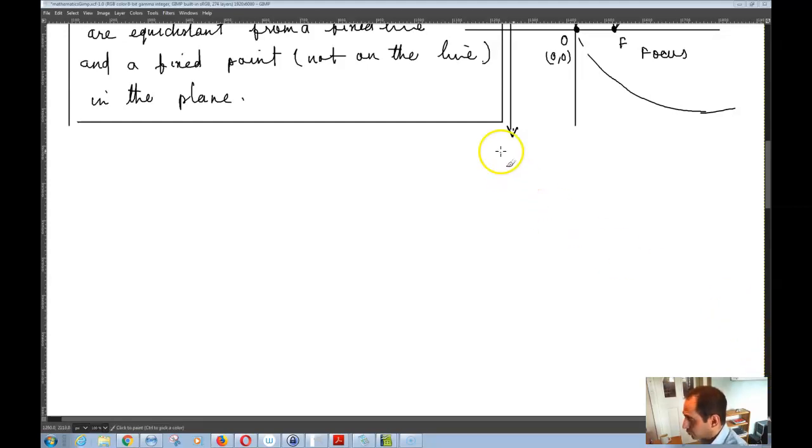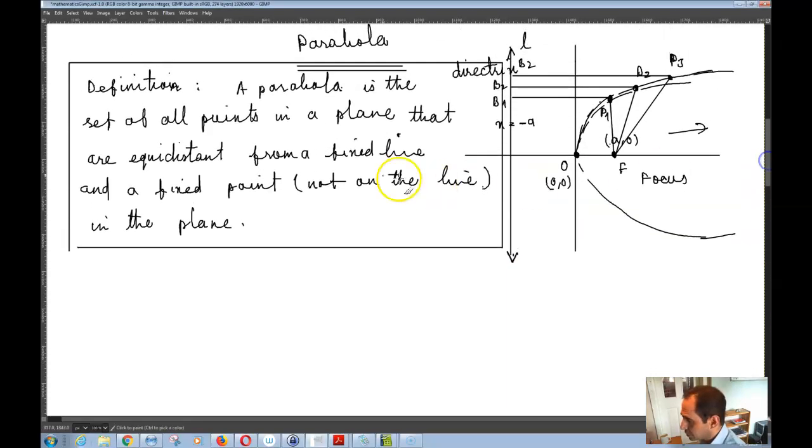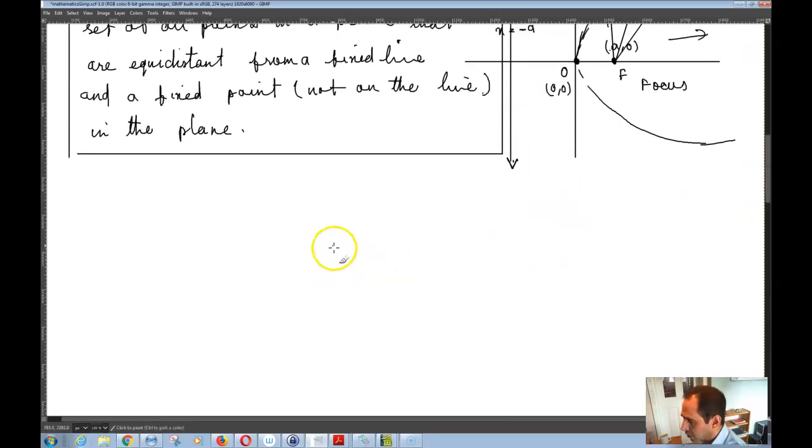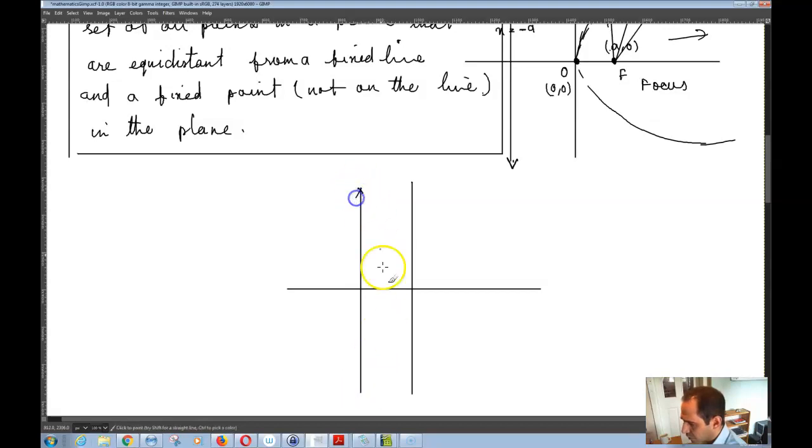And of course here we said that this point is not supposed to be on this line. If the point is on this line, then, for example, you have your coordinate axes here, and you have some line over here, take it as the directrix. If this point is on this line, then the set of all points equidistant from this point and this line is going to be a straight line perpendicular to the directrix.